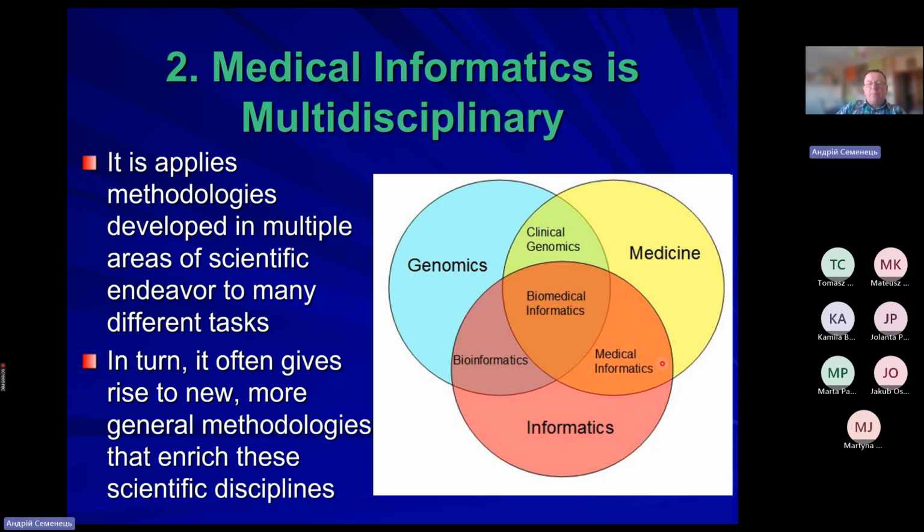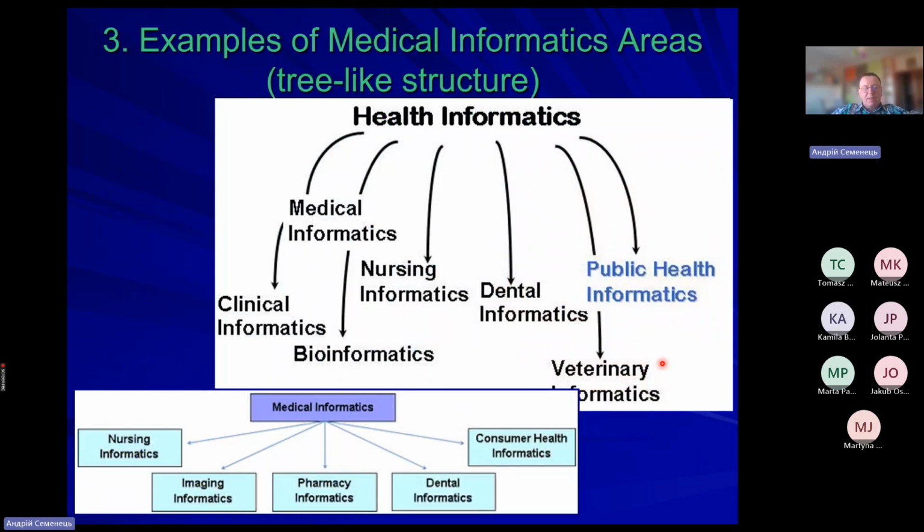Depending on our primary goals of studying, our activities, and the data we are going to acquire, manage, and analyze, we get into different areas of medical informatics activities and medical informatics specialties.